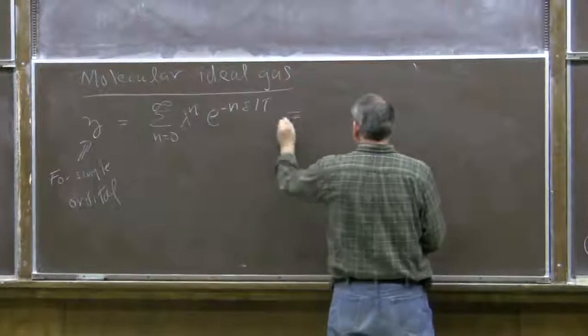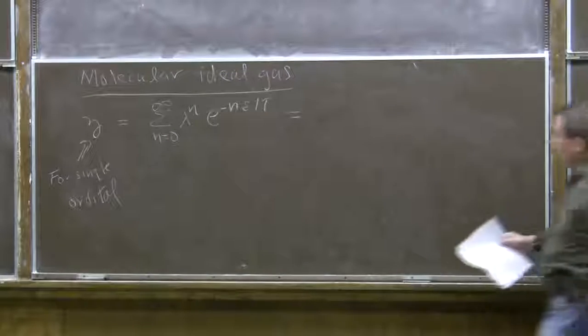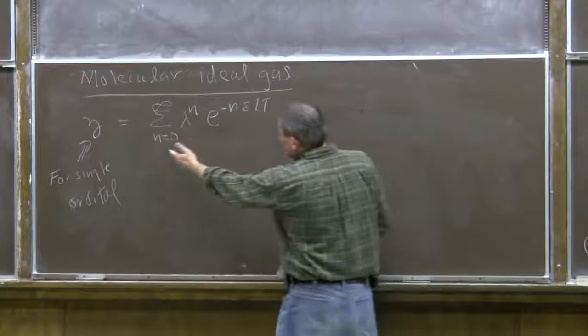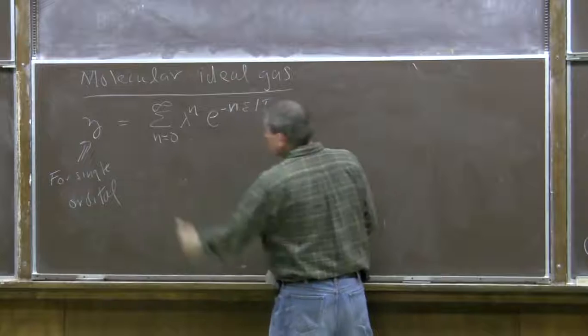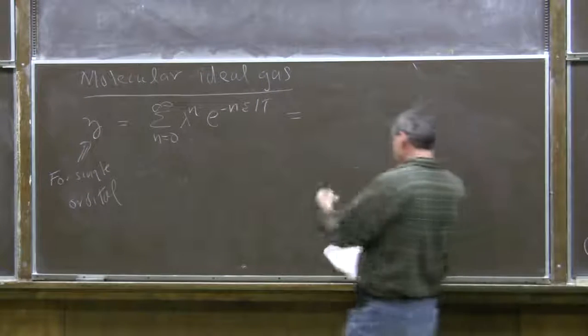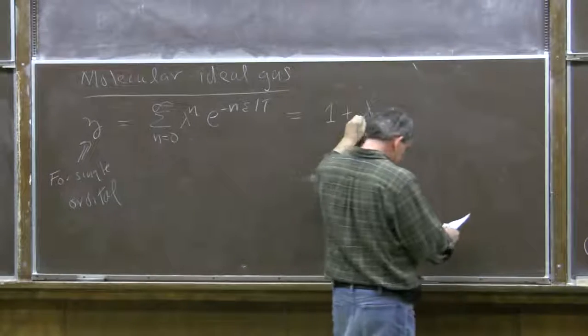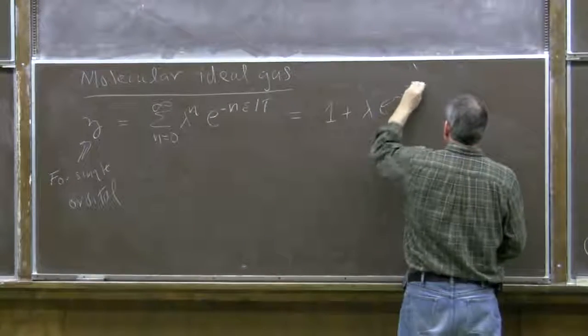Actually, it doesn't matter whether they're bosonic or fermionic, because I'm going to now make the classical approximation of assuming that the occupancy is typically 0 for most orbitals, has a small probability of 1, and a negligible probability of being 2 or more. So for either bosons or fermions, I can write it as 1 plus lambda e to the minus epsilon over tau.